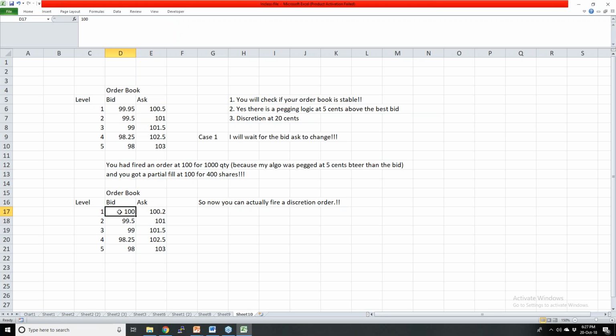So you were ready to fire an order at 100.2, right? But you would check whether you got a fill or not, right? If you've got a partial fill, you might want to stop your discretion range, right? You don't want to send a market order. You might want to actually pull back because you are getting fills at 100, right? So you might want to move back because obviously you want the best price, right?